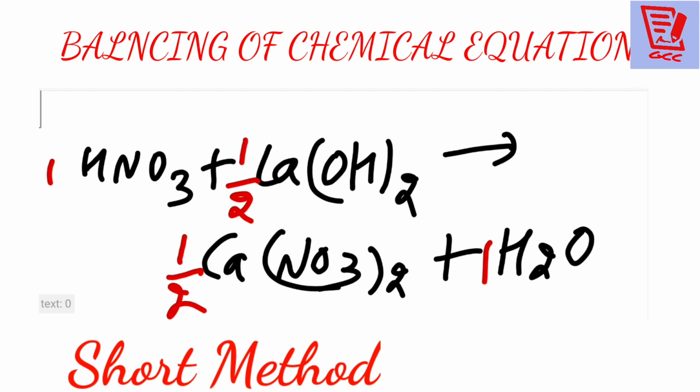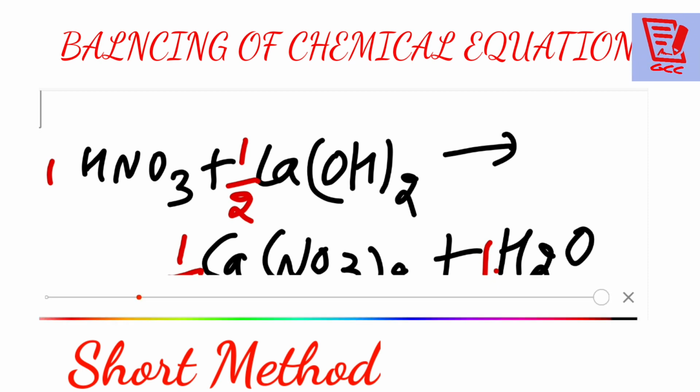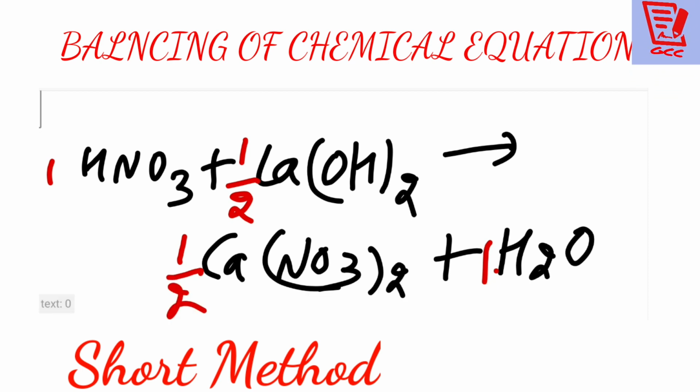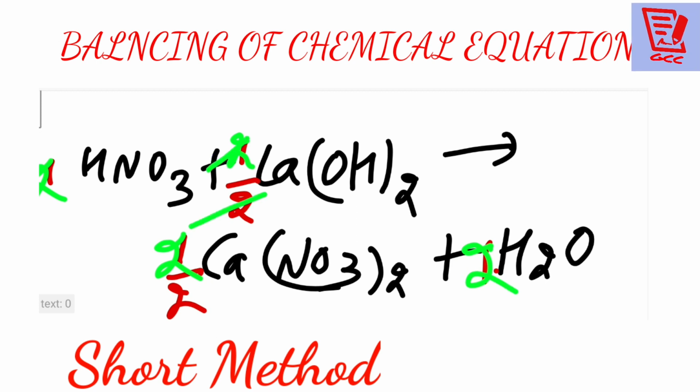I told you we can simplify it also. We can multiply the whole equation by 2. If we multiply by 2, here is 2, here is 2, here is 2, and here is 2. 2 by 2 cancel. Yes or no? Then what equation will we get?